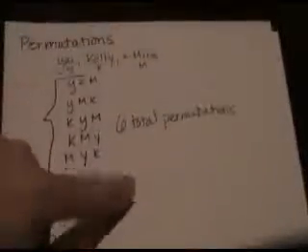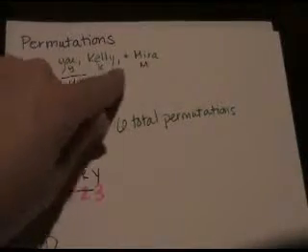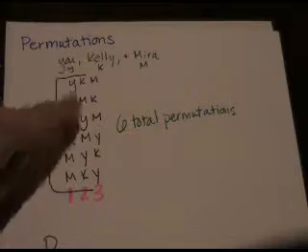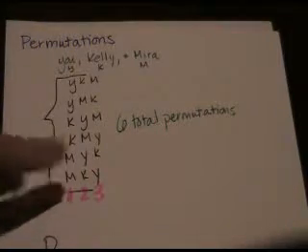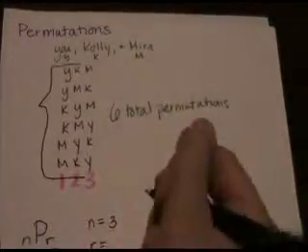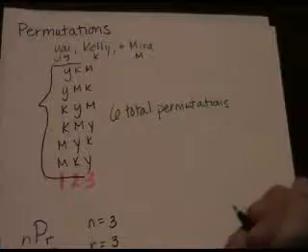So, in this particular example that we've already talked about, we took you, Kelly, and Mira to the movies. So we had 3 people lining up and 3 spots. So our N is 3, and our R is also 3 because we have 3 spots to fill.